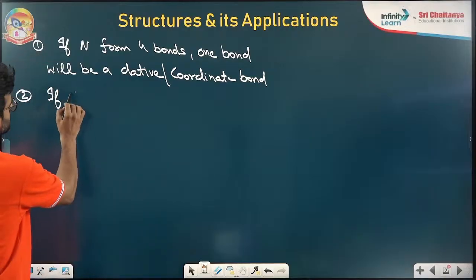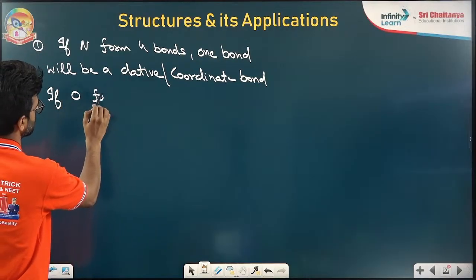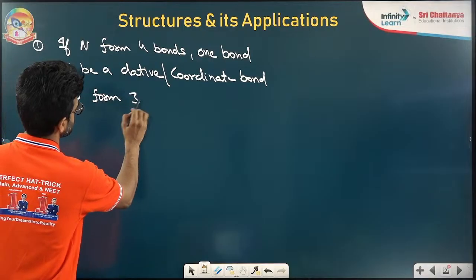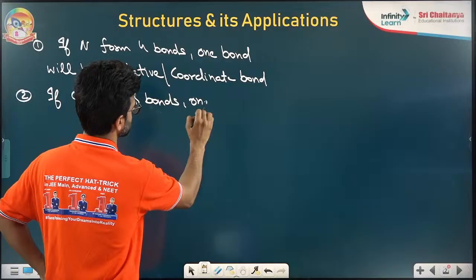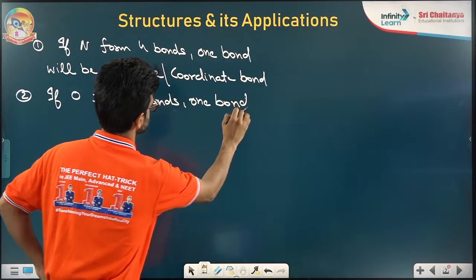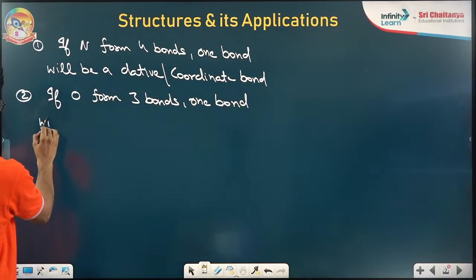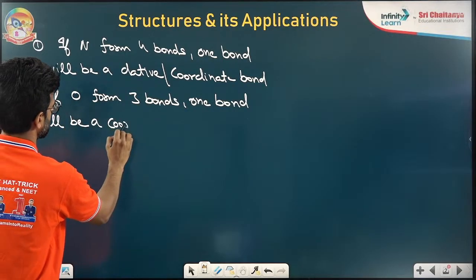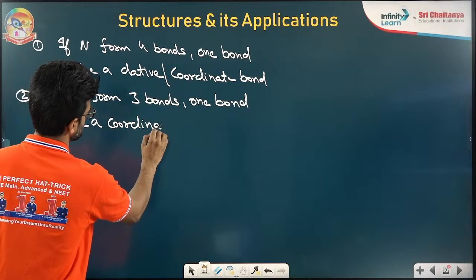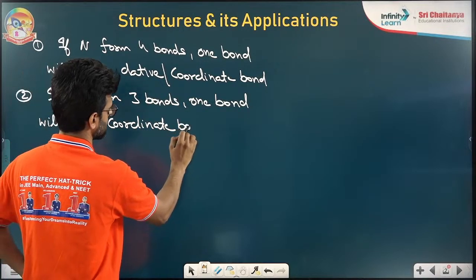So if oxygen forms 3 bonds, definitely one bond will be a coordinate or dative bond, right?